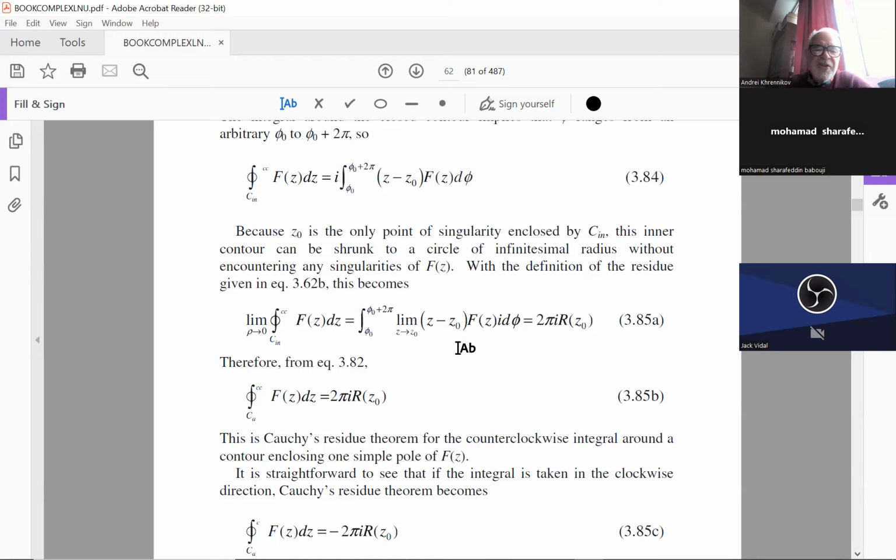And now what is this? Without i, this limit of z minus z0 times f(z) is precisely the residue of our function at the point z0. So this limit, z goes to z0, or the radius of our circle goes to 0, is precisely the residue.